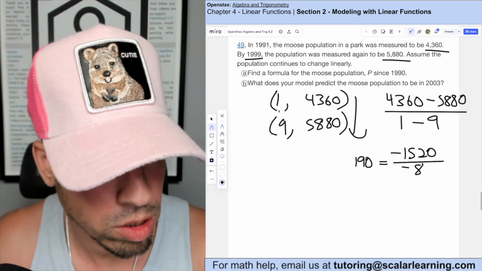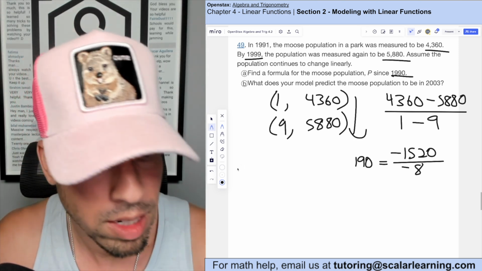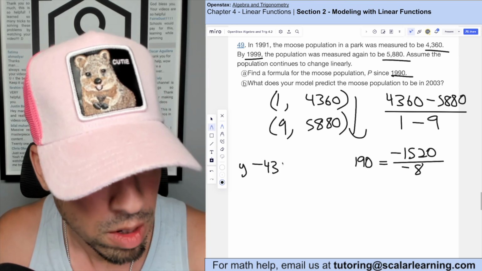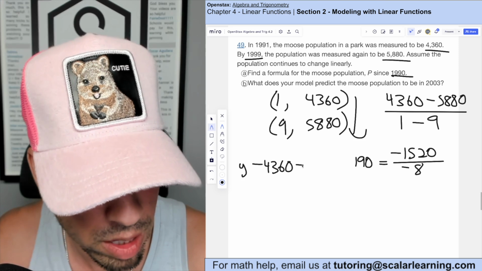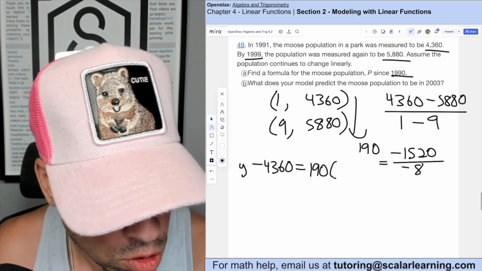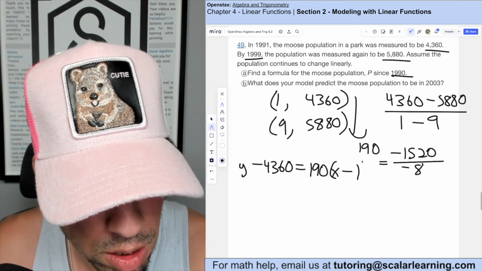Now we can use point-slope and come up with the equation for 1990. So check this out. I say y minus, I'm going to use the top coordinate arbitrarily, which is 4360, equals my slope 190 times x minus the corresponding x value, which is 1, like so.